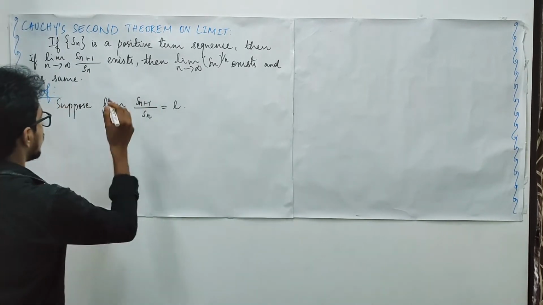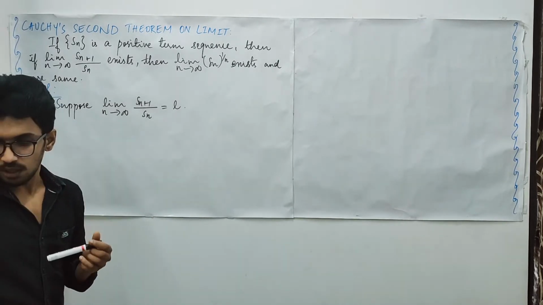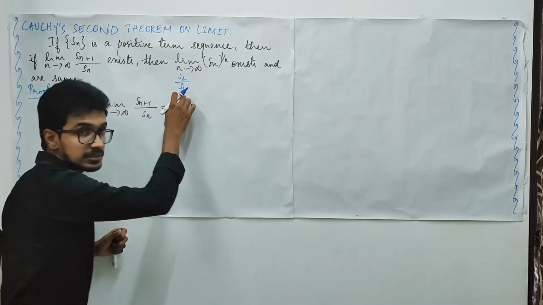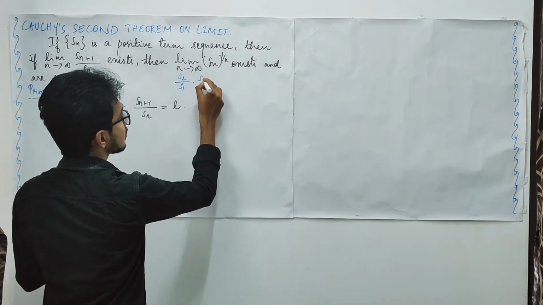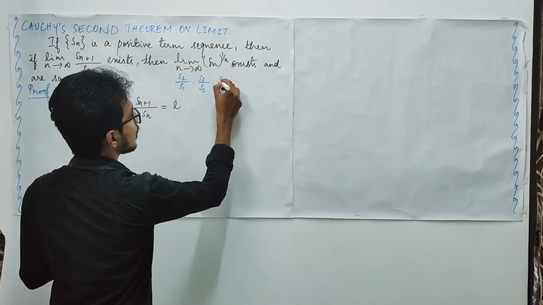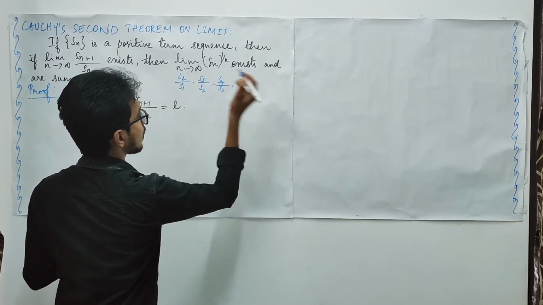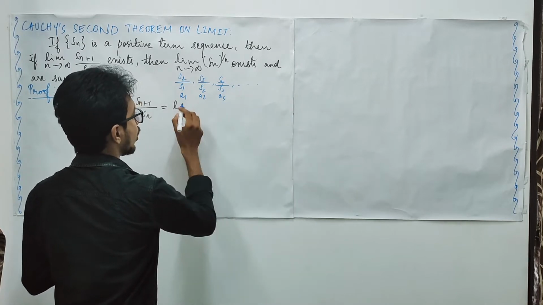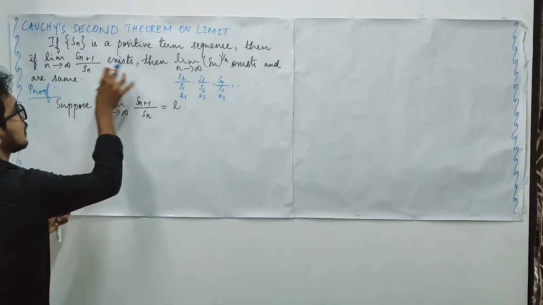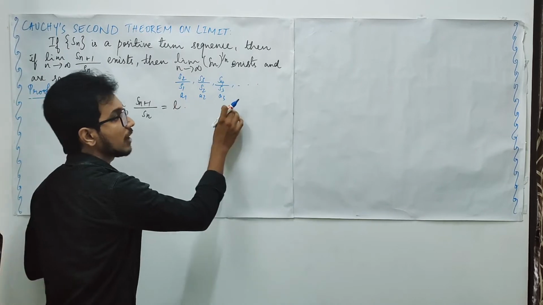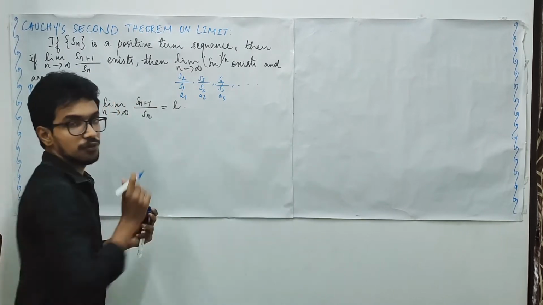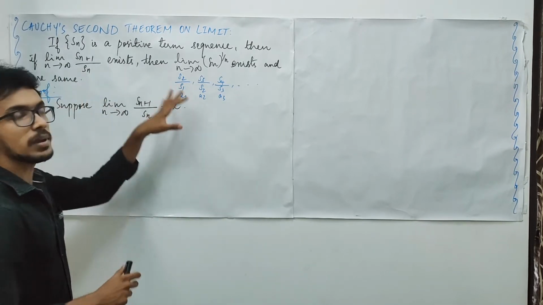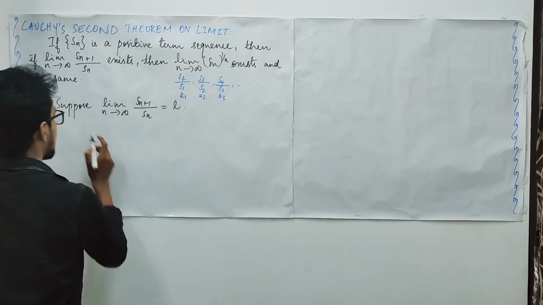So what you actually have here is S2 upon S1, this is the first term, and S3 upon S2, S4 upon S3. You may treat this as A1, this as A2, this as A3, and it goes this way. So this limit exists means you have a limit for this sequence. That is what we have written. We are not explicitly saying these things; it has to be understood.